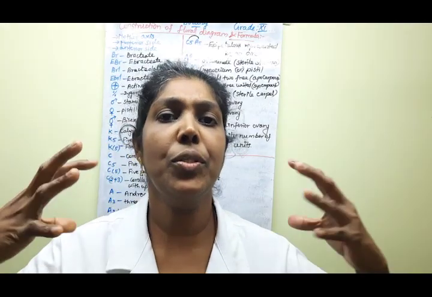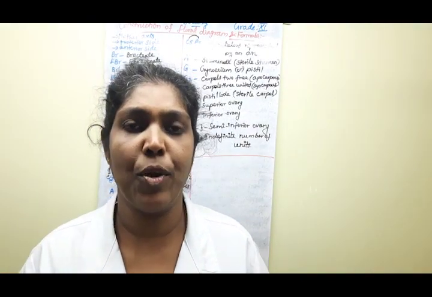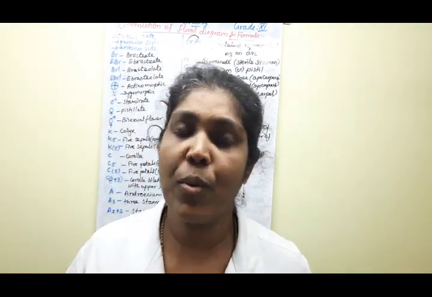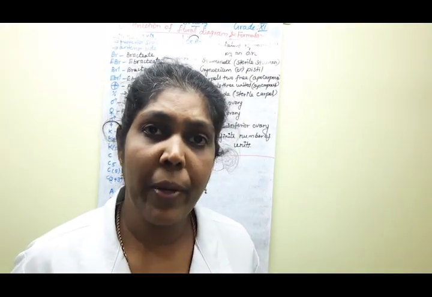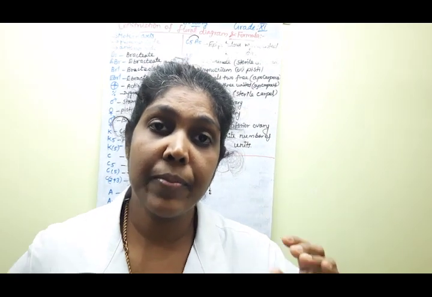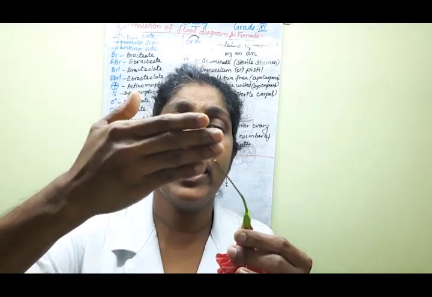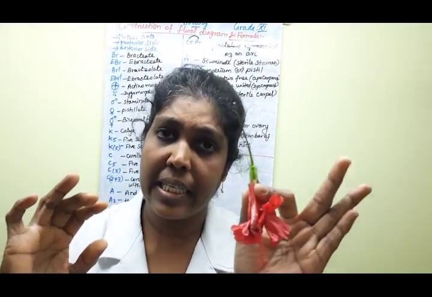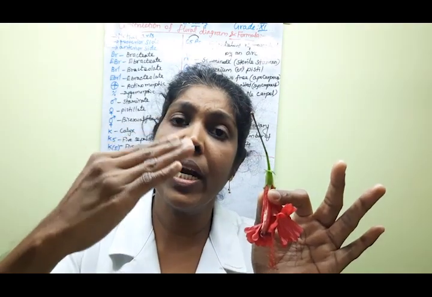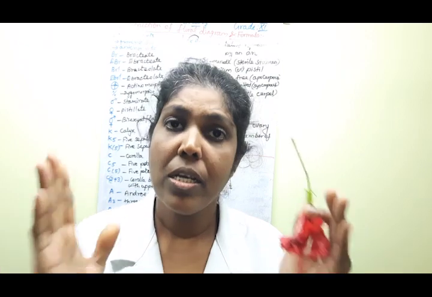Next, whether to mention actinomorphic or zygomorphic. Already we have completed how to identify actinomorphic and zygomorphic. What is the meaning of actinomorphic and zygomorphic, children? Do you remember that? Yes, good. Actinomorphic means if we take a longitudinal section, or cutting, of the flower in any direction, we get two equal halves.